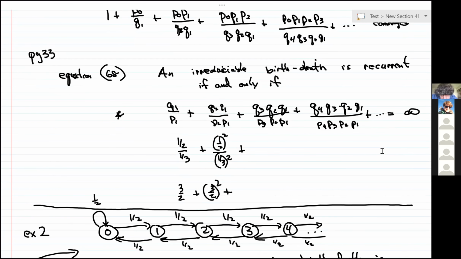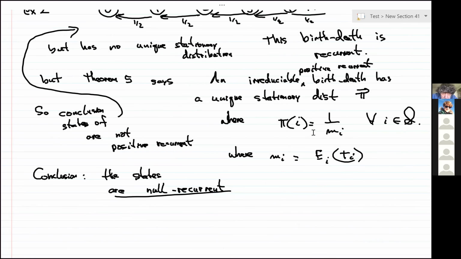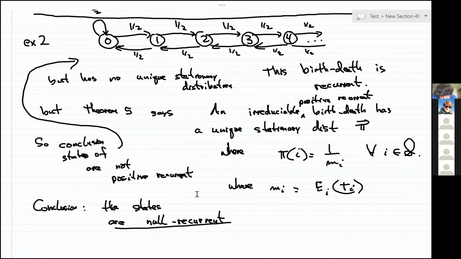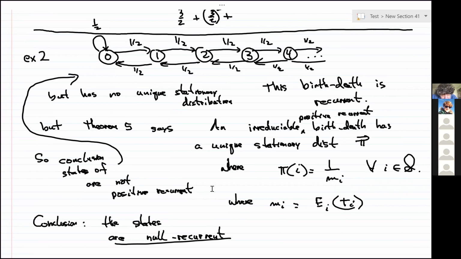So we know the states are recurrent, but they couldn't be positive recurrent, because if they were positive recurrent, there'd be a unique stationary distribution, and we already know there is no unique stationary distribution. So the unavoidable conclusion is the states are null recurrent. And that's a surprise to most people. Why? What that means is, even though these states are recurrent, the average time it takes to get back is infinite. Okay, so with certainty 1, you'll get back, but the average time you have to wait is infinite to get back for the first time.